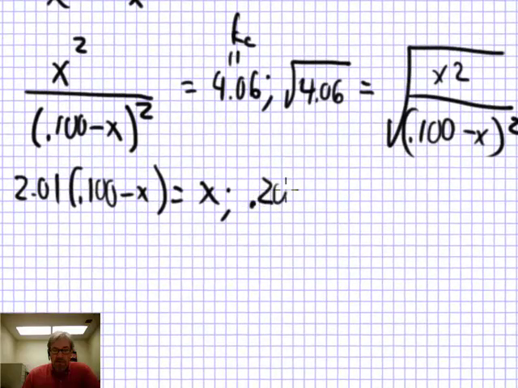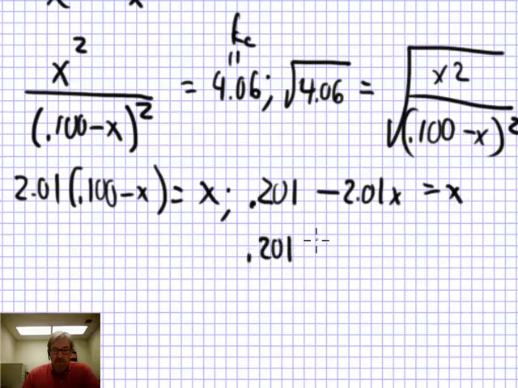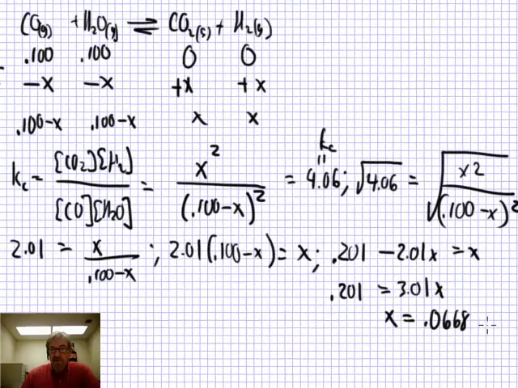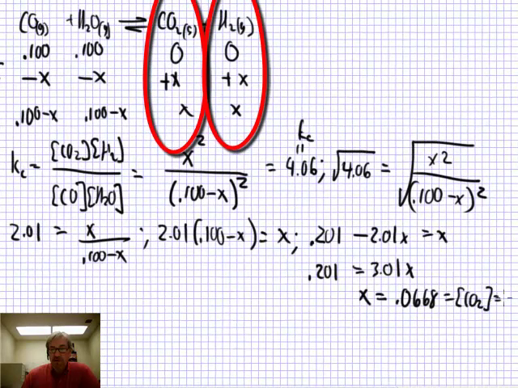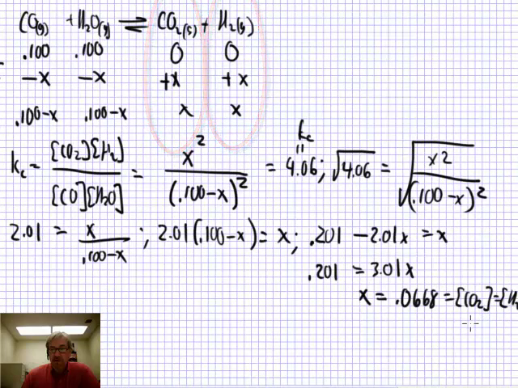And if I distribute that, I get 0.201 minus 2.01 times X is equal to X, which means that 0.201 is equal to 3.01 times X, and if I divide both sides by 3.01, I find that X is equal to 0.0668. So my concentration of CO2 and my concentration of H2 are both 0.0668 moles per liter, because X was their equilibrium concentration.